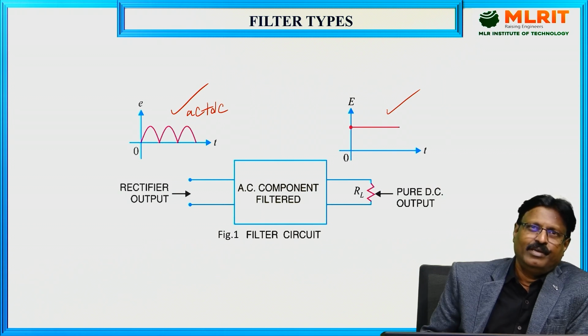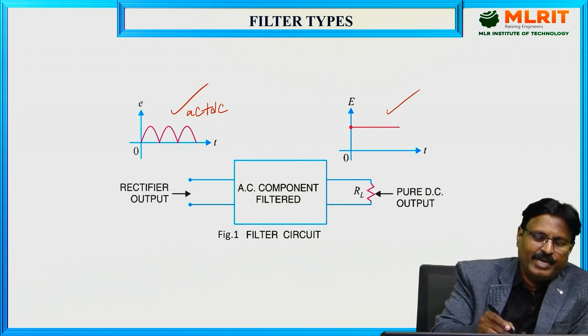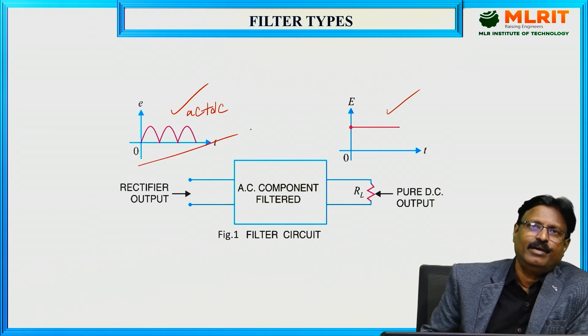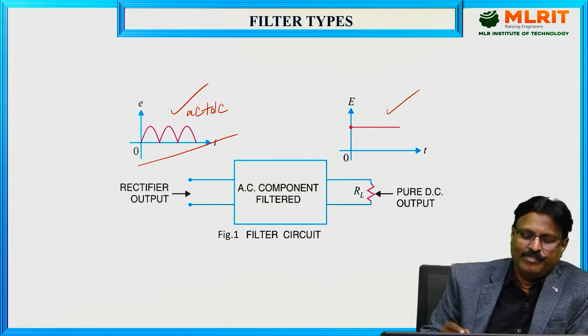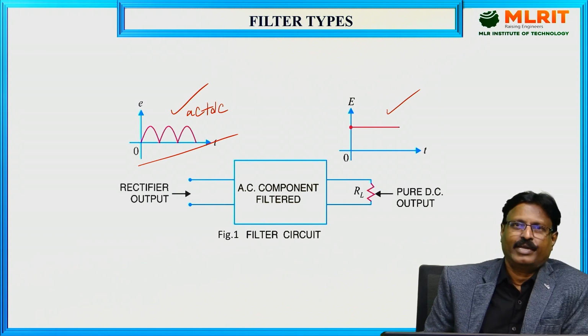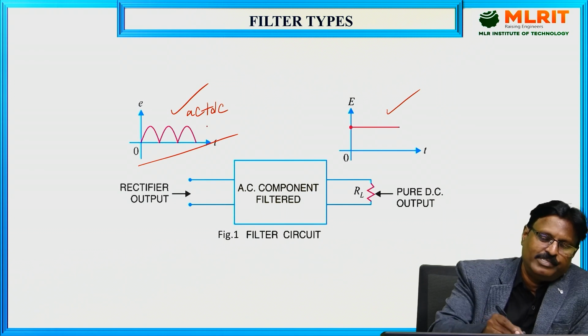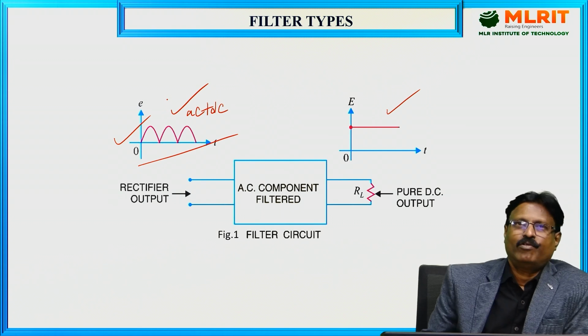So there is a need to minimize the AC components contained in the rectifier output, and that function is done by the filter circuit. A filter circuit is an electronic circuit which is used to minimize the AC components contained in the rectifier output.